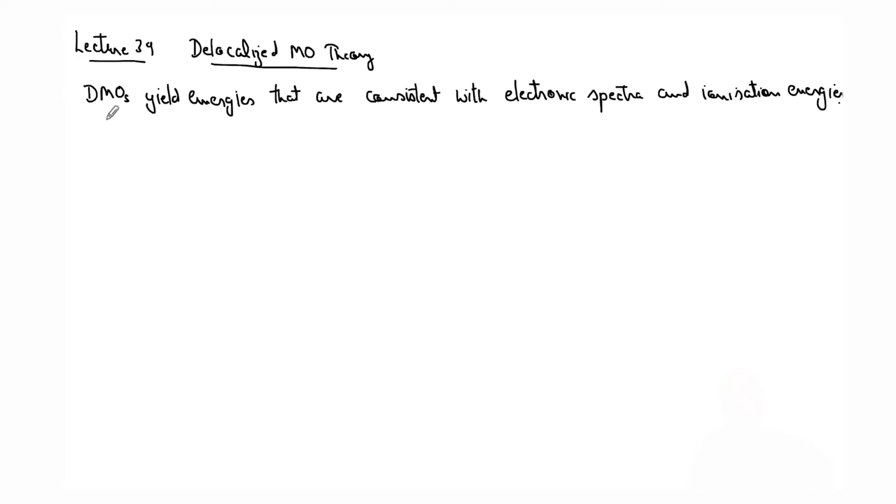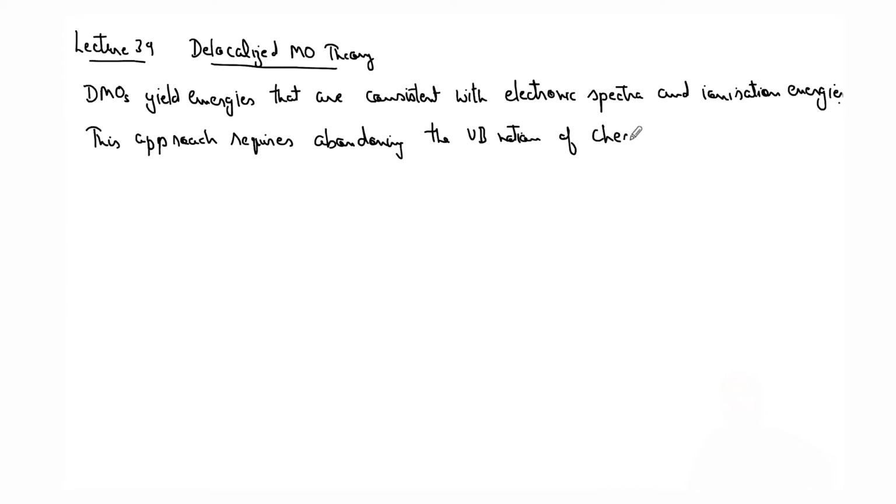So this particular approach requires abandoning the VB, or valence bond, notion of chemical bond. What is that notion? That the electron pairs reside between the shared atomic orbitals, between the interacting atoms, right?